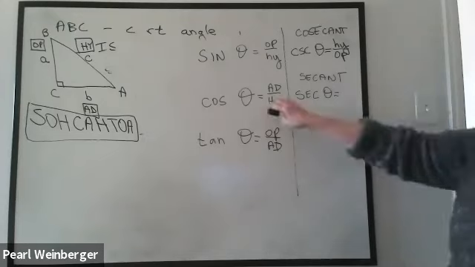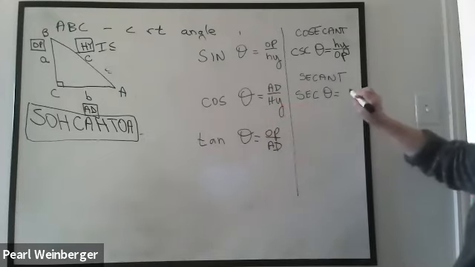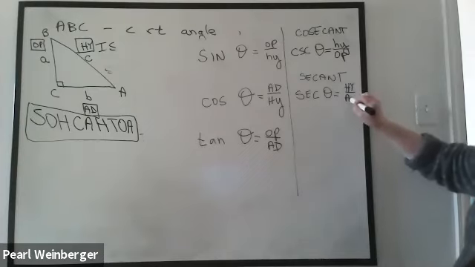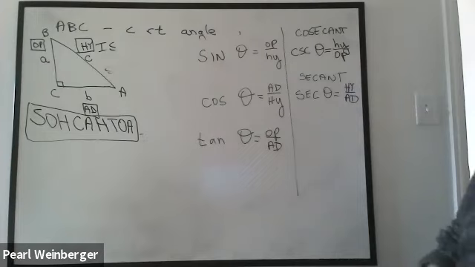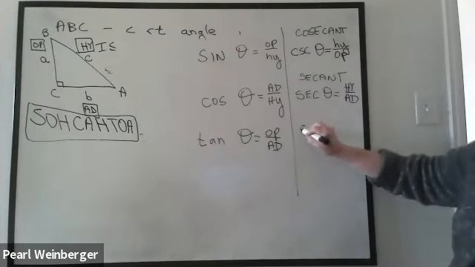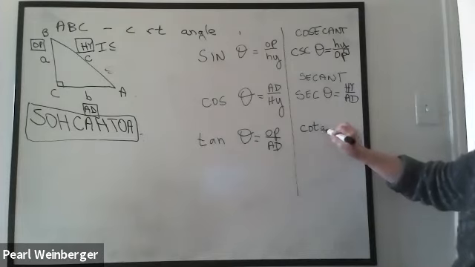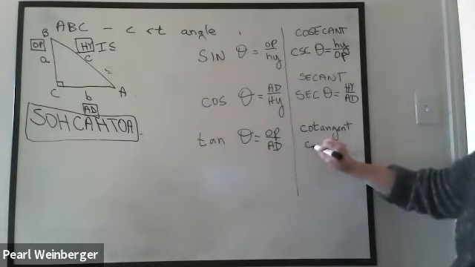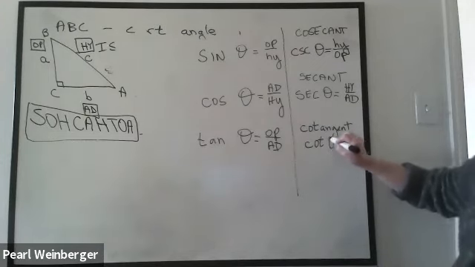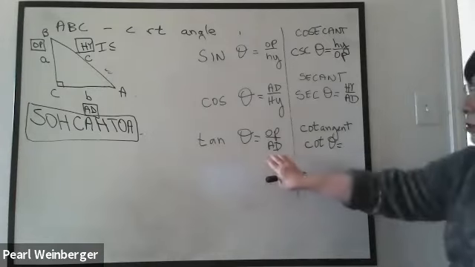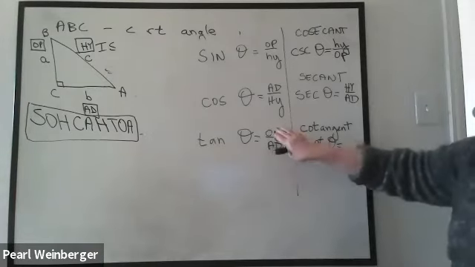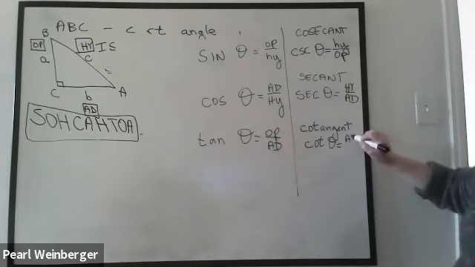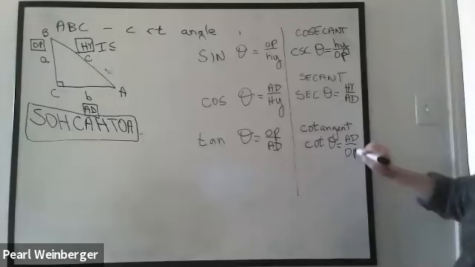Since the cosine is the adjacent over the hypotenuse, the secant is the hypotenuse over the adjacent. And the last one is called the cotangent, which is abbreviated COT. The cotangent is the reciprocal of the tangent. The tangent is opposite over adjacent, so the cotangent is adjacent over the opposite.